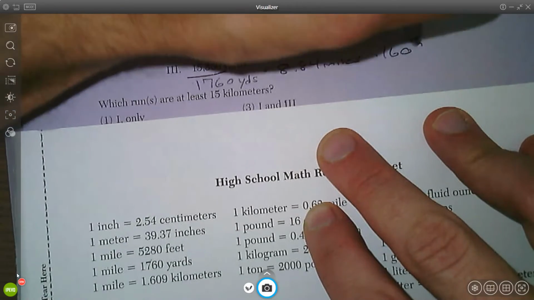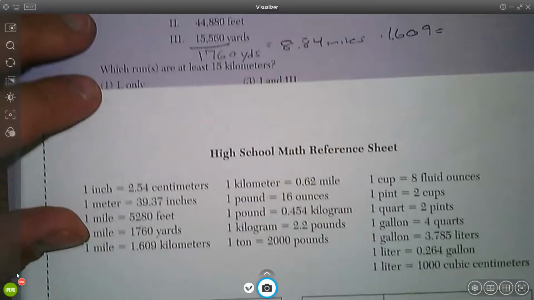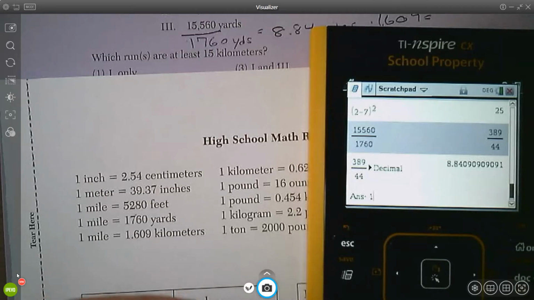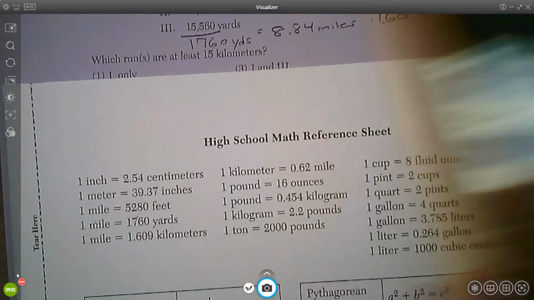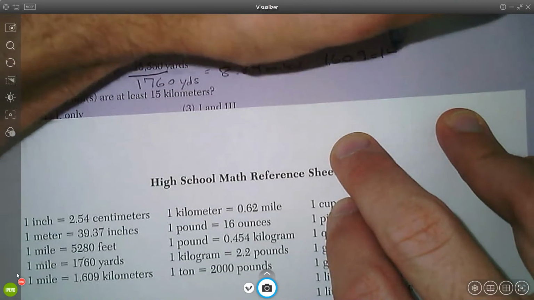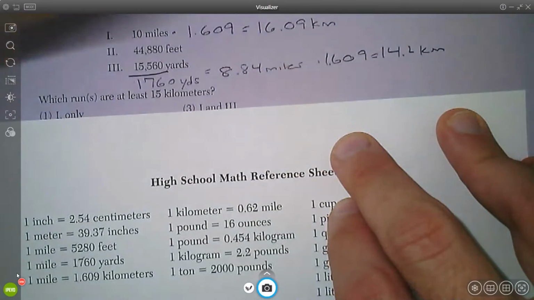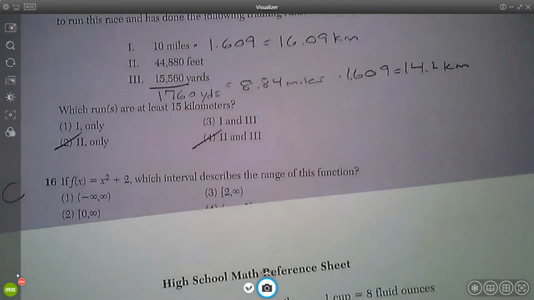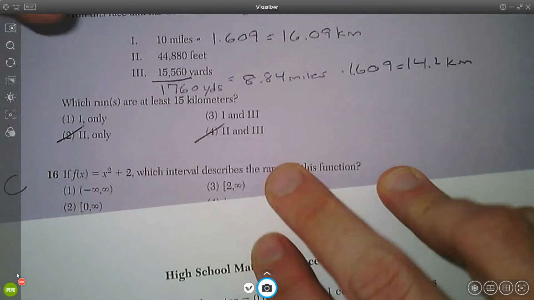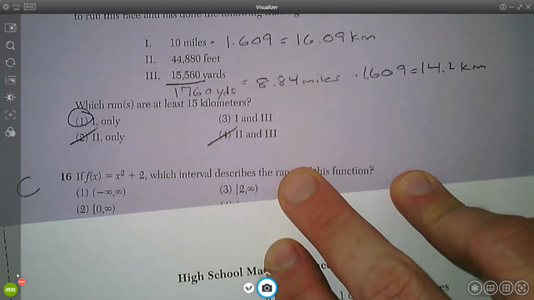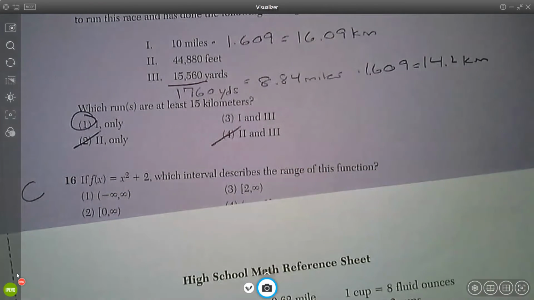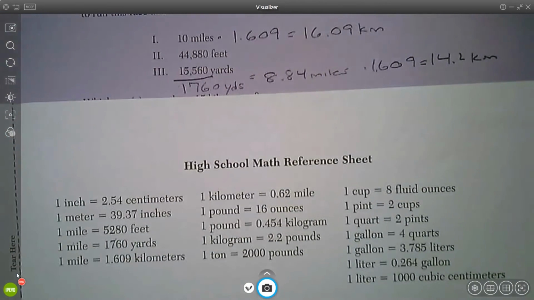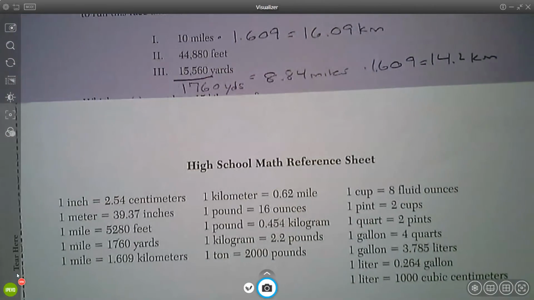Times that 1.609 to convert it to kilometers, 14.2 kilometers. So that's not quite enough distance to hit at least 15. So 1 only. Tough question, but like I've been saying in class, there's probably going to be a multiple choice that deals with some kind of conversions. And you're going to need to use the top half of the reference sheet.